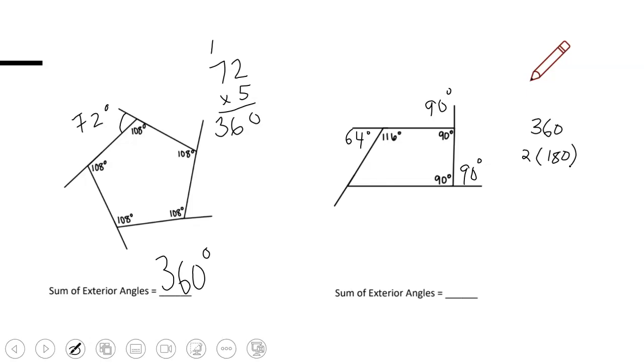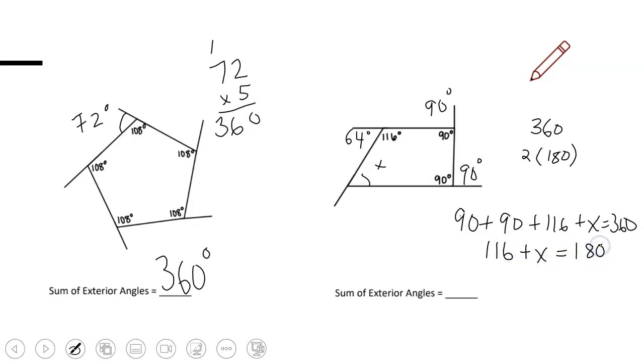So that means that the interior angles, 90 plus 116, plus this one we don't know about, has to equal 360. 90 plus 90 is 180, so that means that 116 plus x has to equal 180. I just subtracted 180 from both sides of the equation.